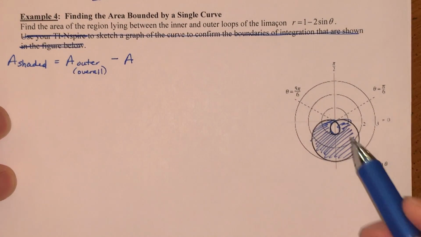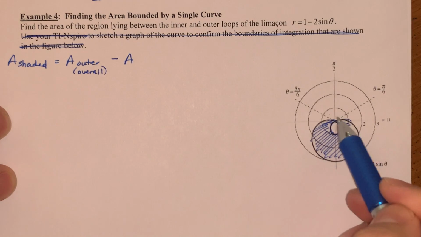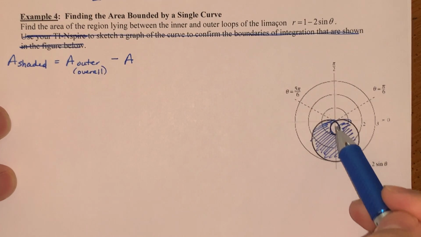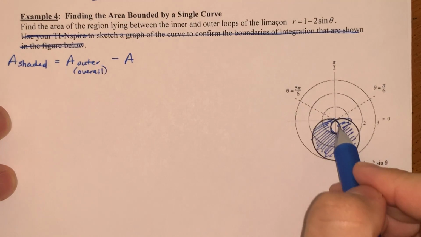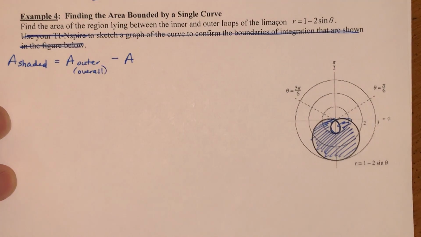Because if I find the area of the whole outer loop, it's going to include that enclosed region there. So at the end, I'm going to have to subtract that area.